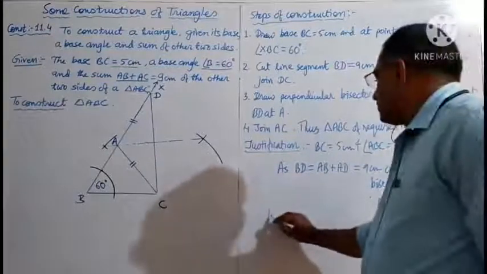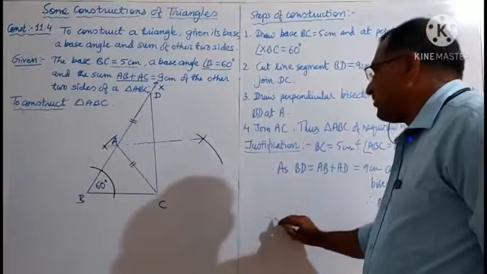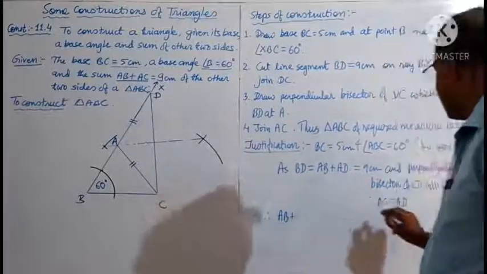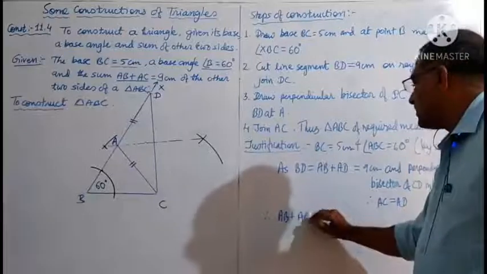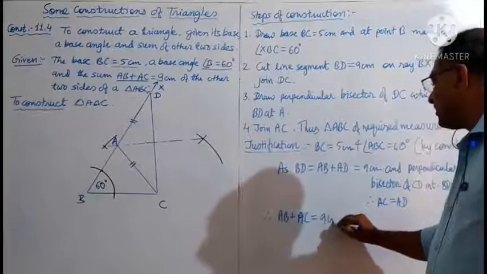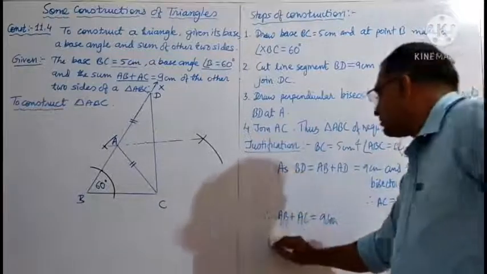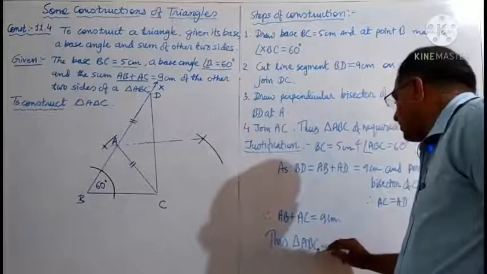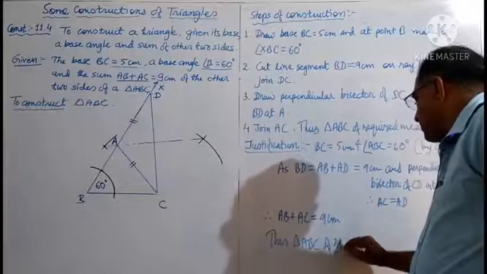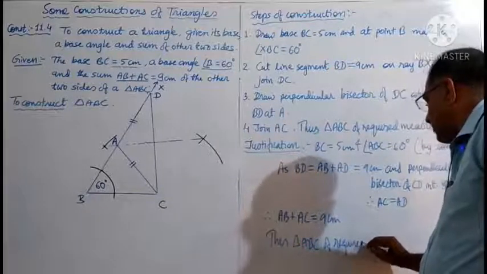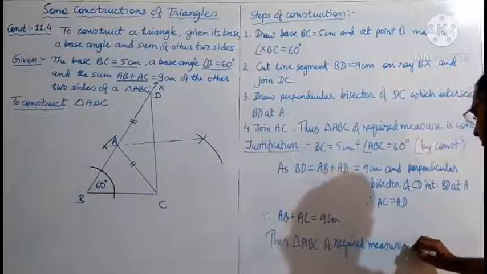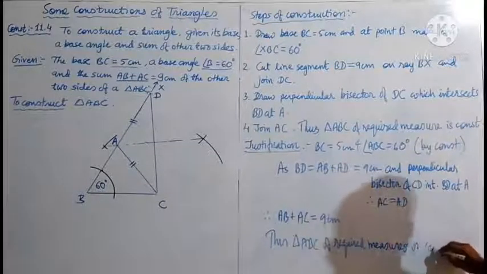And thus BD is equal to AB plus AD, but AD is equal to AC, so AB plus AC is equal to 9 centimeter. Thus triangle ABC of required measures is constructed.